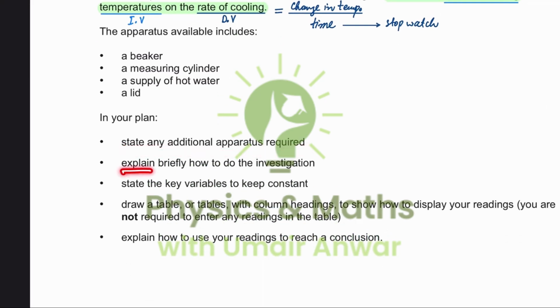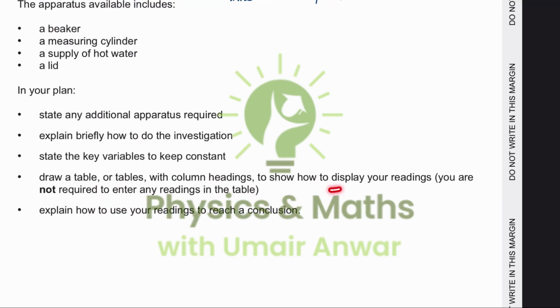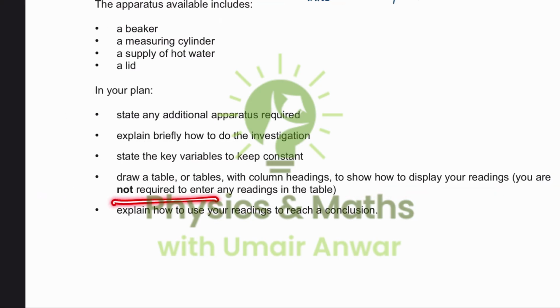Now, secondly, they're asking, explain briefly how to do the investigation, and we are going to write an answer for that. The third thing, as usual, state the key variables to keep constant during this investigation. The fourth thing is we have to draw a table or tables with column headings to show how to display your readings. You are not required to enter any readings in the table as usual. All of you know that we are not required to put any readings in the table, and obviously we should not be putting any reading until we are practically doing this investigation.